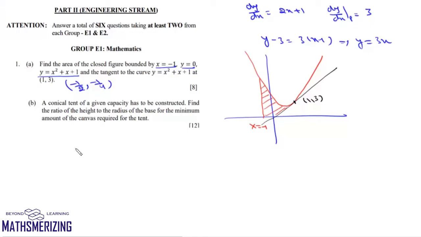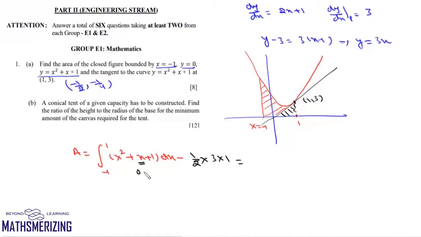So this area will be given by the integral from minus 1 to 1 of the area under this parabola, which is x square plus x plus 1 dx, and then minus the area of this triangle, which is 1 by 2 into 3 into 1. Now this integral is from minus a to plus a.